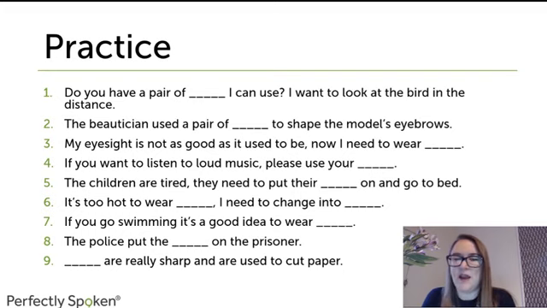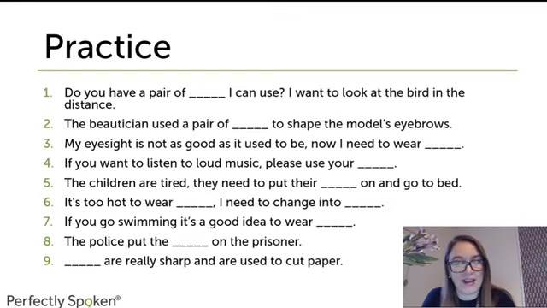Number 3, my eyesight is not as good as it used to be. Now I need to wear. Number 4, if you want to listen to loud music, please use your. Number 5, the children are tired. They need to put their on and go to bed.